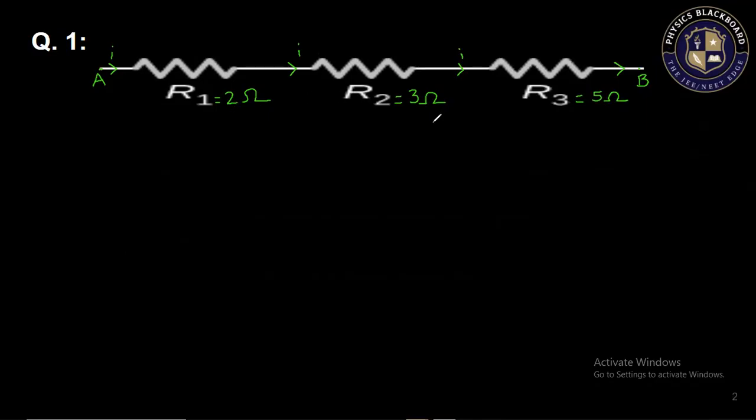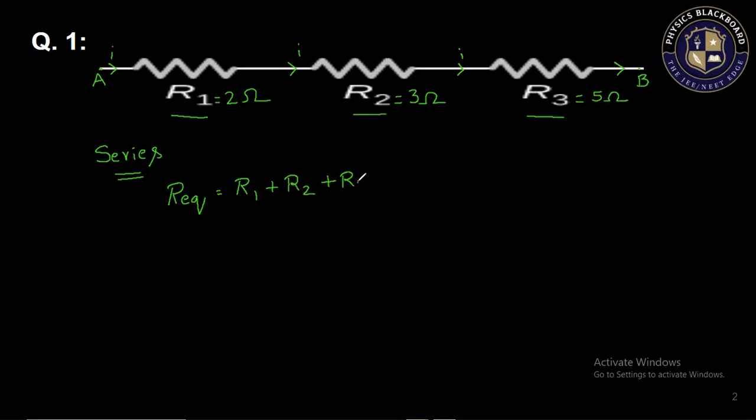As I remains the same across all the resistors, we can say that the resistors are connected in series connection. So if you take the equivalent resistance of 3 resistors when they are connected in series, it is equal to the sum of all the resistances of these resistors.